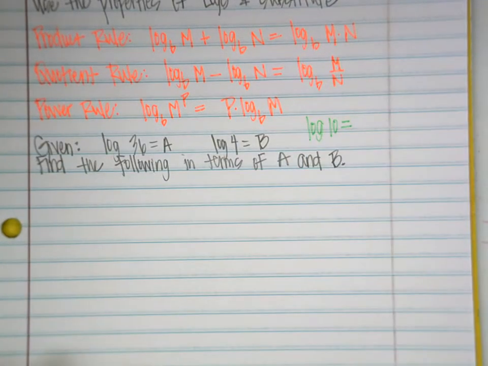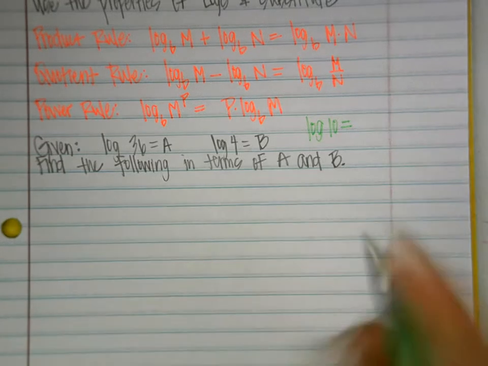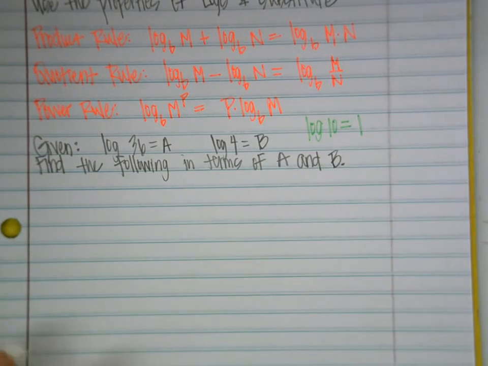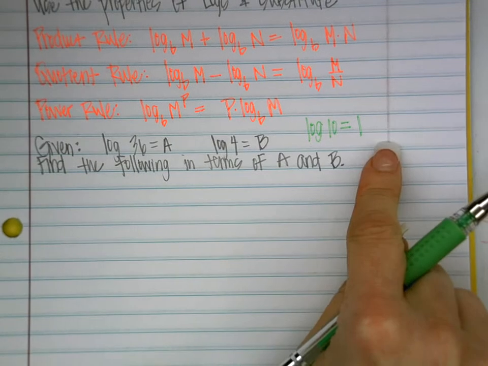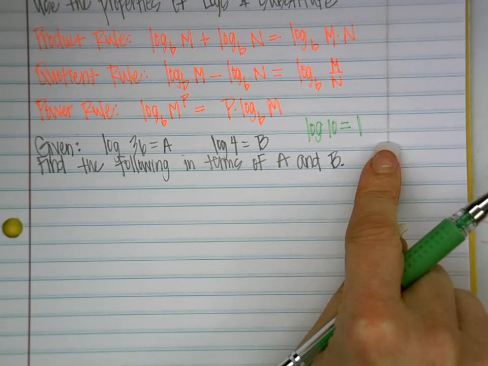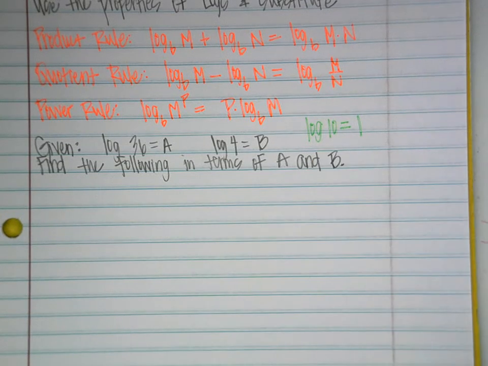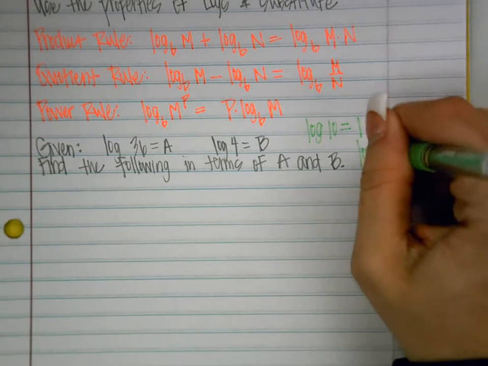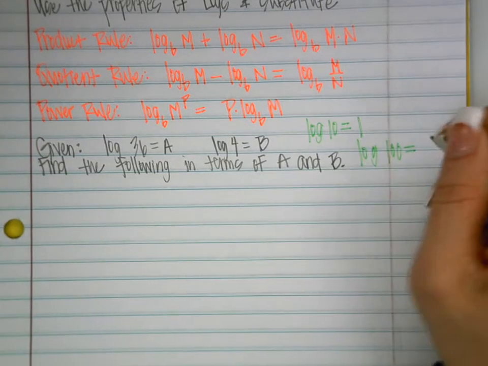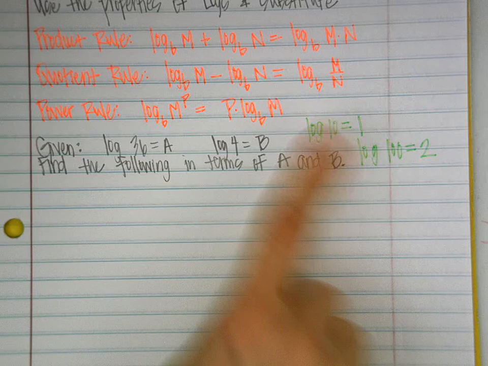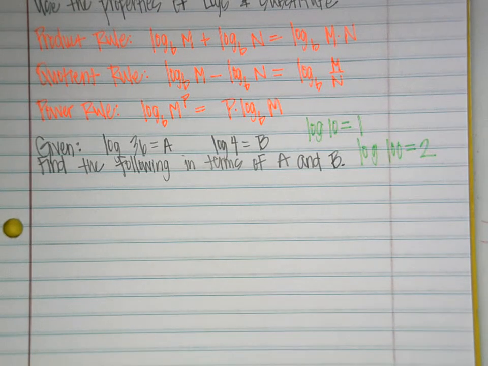What is log 10? 1. So whenever you're given these types of problems, you also want to write down other ones that you know. Like these are whole numbers. Do you know log of 100? Yes, so you should write that one down. So log of 100 would be equal to what? 2.